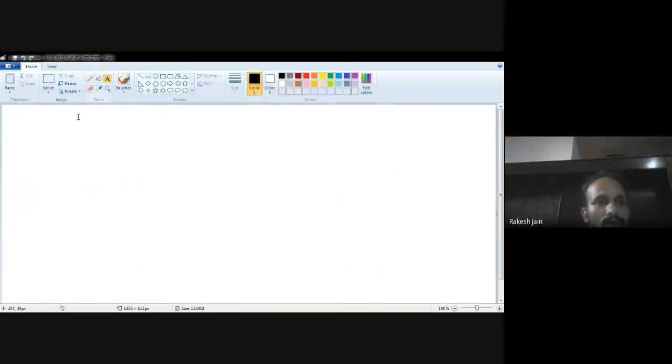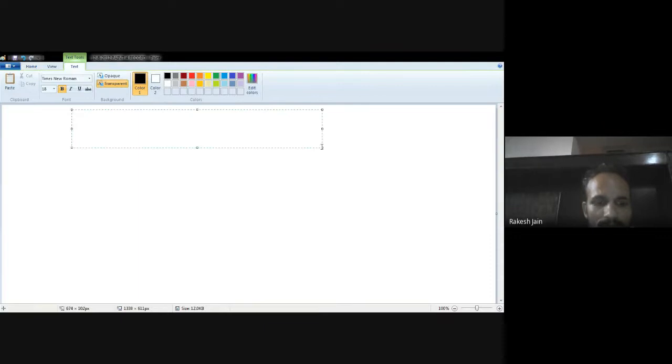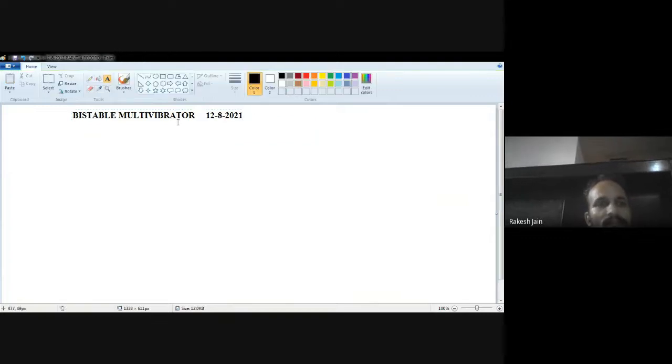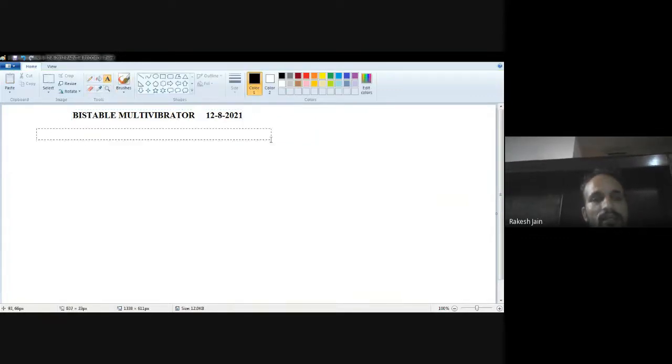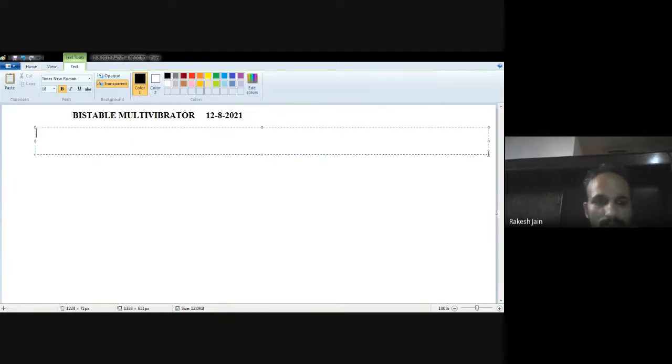Now we are going to see the bistable multivibrator circuitry. Bistable multivibrator is also known as BMV, that is flip-flop.